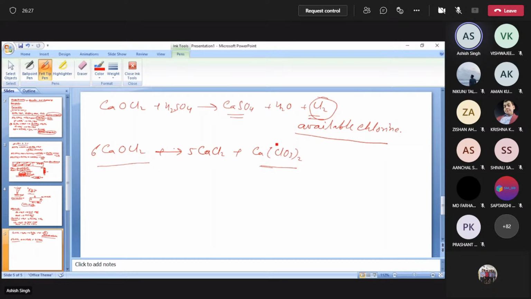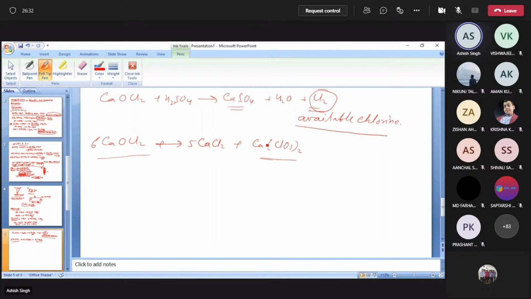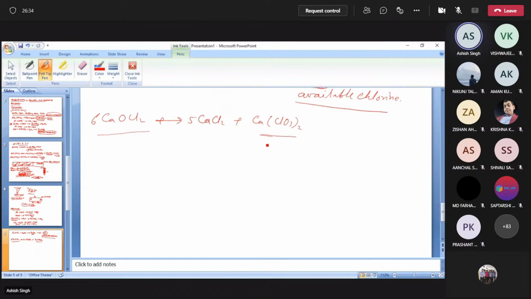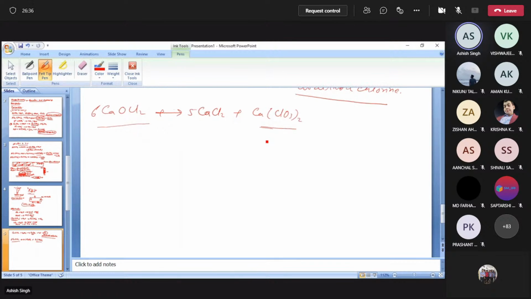Another is breakpoint chlorination. Breakpoint chlorination is chlorination of water to such an extent that not only the living organisms but also other impurities in the water are completely destroyed.